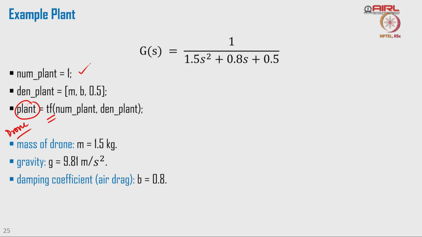So, we have the numerator and denominator, we put things accordingly, and if we write only this much in MATLAB, then we get to see the transfer function, something like this. We consider mass as 1.5 kg, damping coefficient or air drag as 0.8 and gravity as 9.81 meter per second square. Okay.